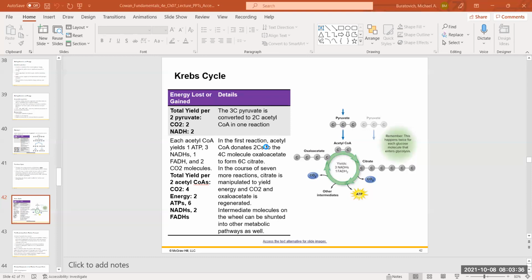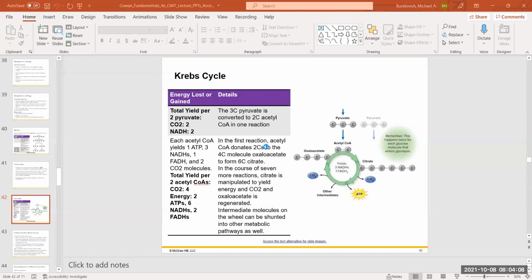You run it through and you regenerate the oxaloacetate. And then your products are, maybe just one of your products. No, 1 ATP. 1 ATP per turn. Okay, and then what else?